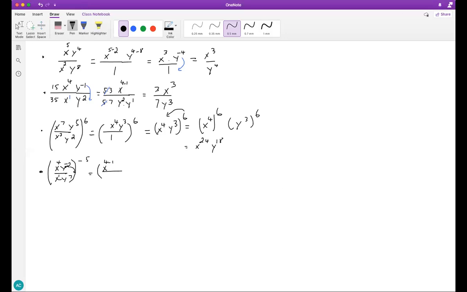Okay, we're going to move this y^-2 down to make it positive. So this y^7 stays here, and y^-2. All to the power still there. Don't worry about that power yet. You have to finish working inside first. So just leave the power there, -5.